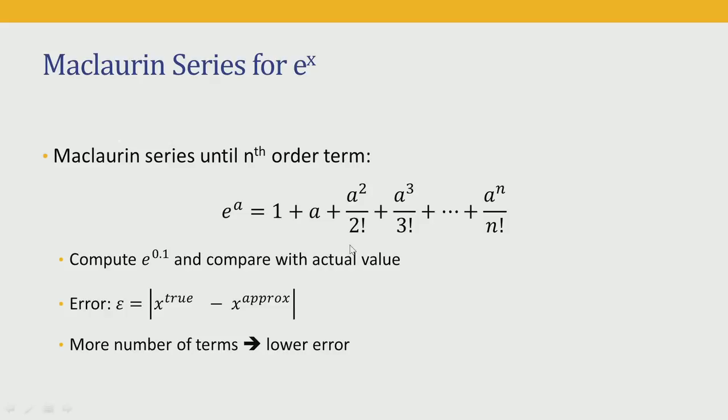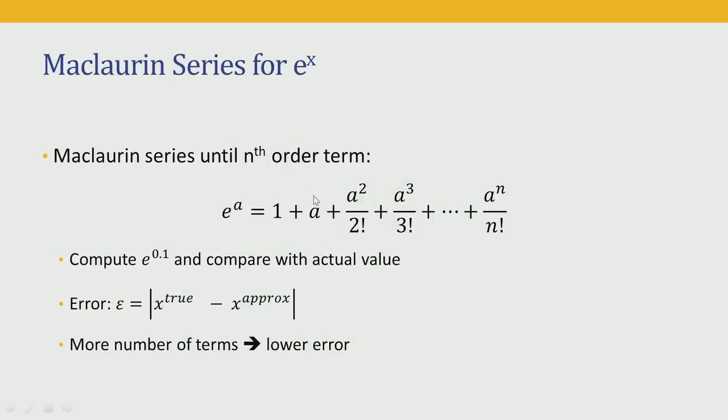So, what we have seen over here is that as we truncate the overall series to nth order terms, we realize that the error keeps on decreasing. So, more the number of terms of the Maclaurin series we introduce, the smaller is going to be the error. Okay. Why does the error keep changing, or why is there an error in the first place? The reason why there is an error in the first place is because we are truncating this Maclaurin series.